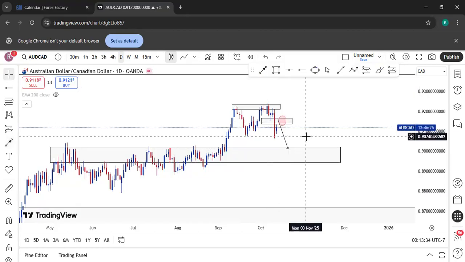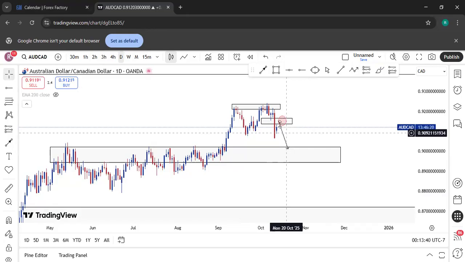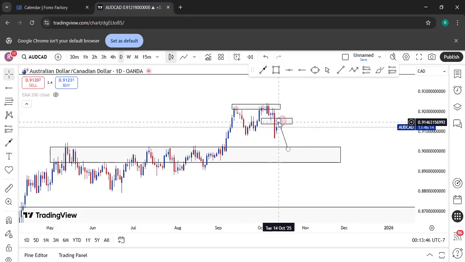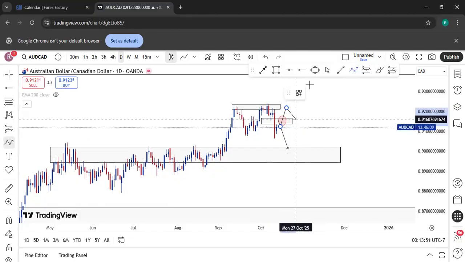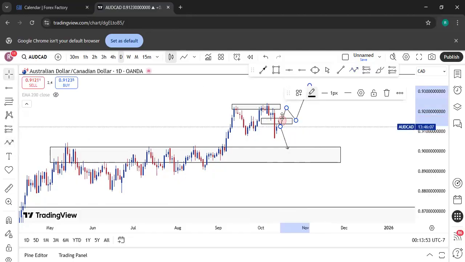So the daily time frame is giving us a different bias at the moment because we're currently sitting below this area of resistance. Until price makes a breakout, a retest, and then a continuation, we're likely to see price extend further to the downside, right?